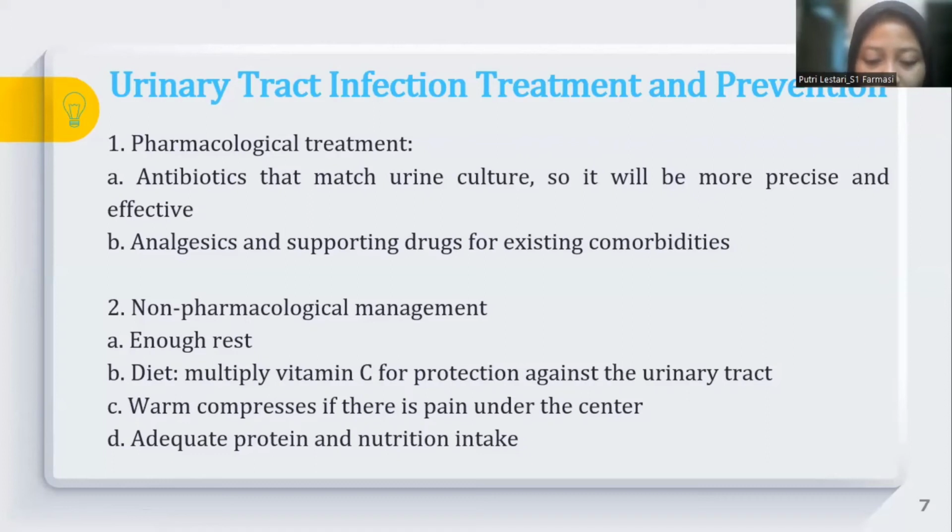So, appropriate treatment of urinary tract infection is very important because inappropriate treatment causes prolonged complaints and resistance to the antibiotic given, and this is the most important thing. If there is antibiotic resistance, the treatment costs will also swell and often require hospitalization because the choice of antibiotic is only available in the form of injection.